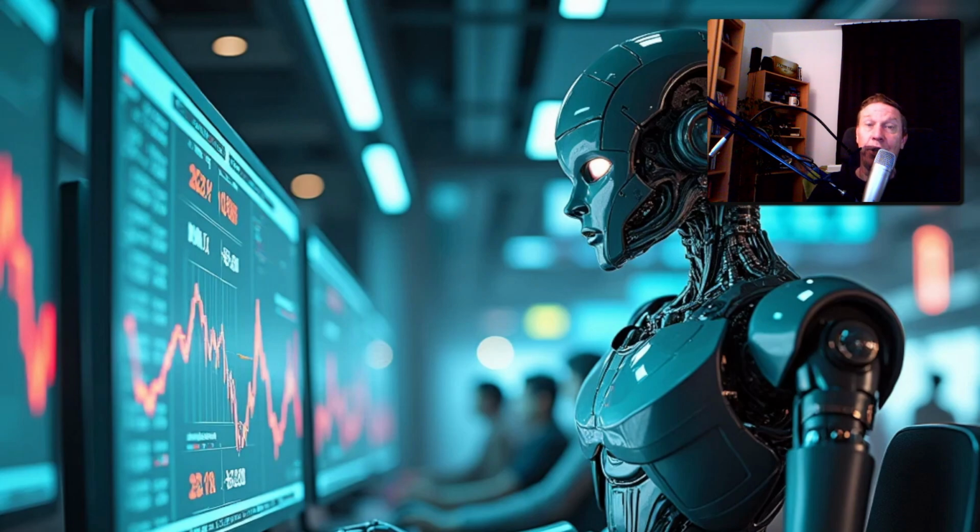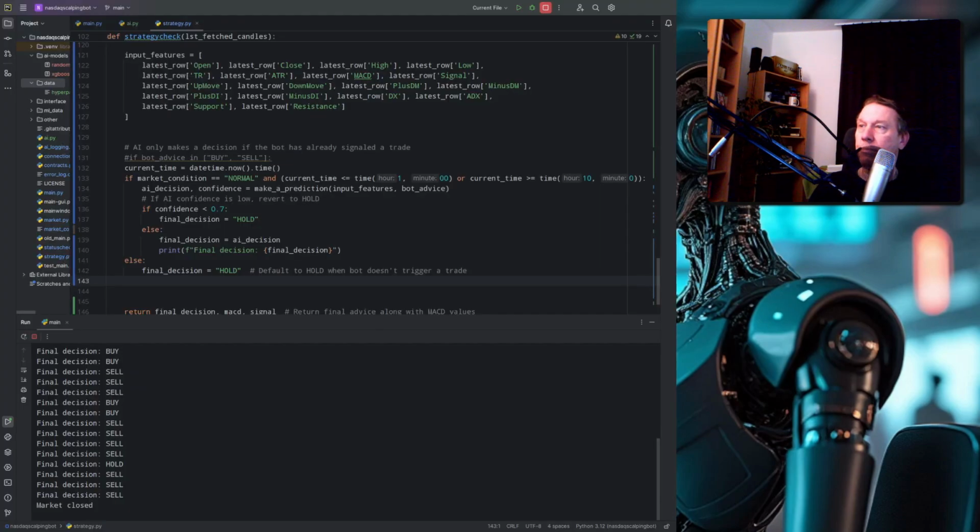Now let's dive into the code. What did I change in the code is the standard that we always start with in these videos. Not that much, because we're no longer in a testing phase. We're testing, but we are in a fine-tuning phase. Like, how can we fine-tune the AI and the bot to make better decisions, to generate better profit, instead of fixing problems and doing new stuff.